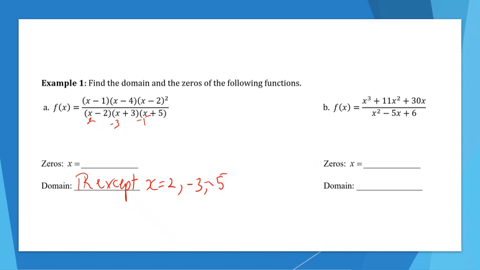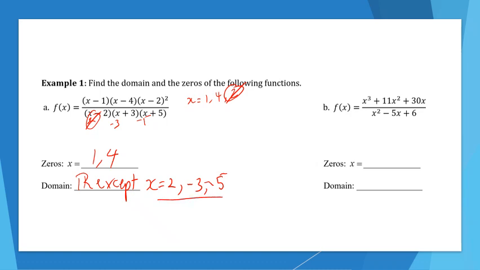Now, where's our numerator equal to 0? This is at 1, 4, and 2, but unfortunately 2 is part of the numbers that are restricted from our domain. So our zeros here are just going to be 1 and 4, right? 2 is not part of the zero club. It's part of the restricted domain club.